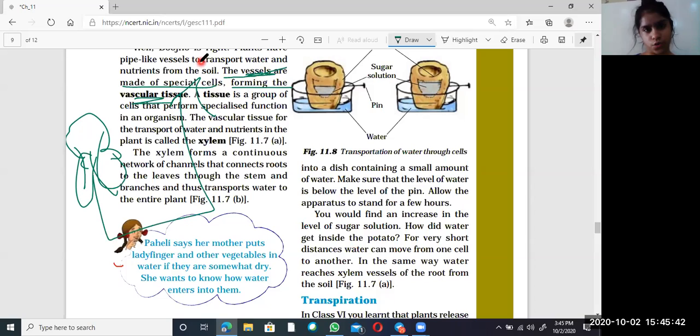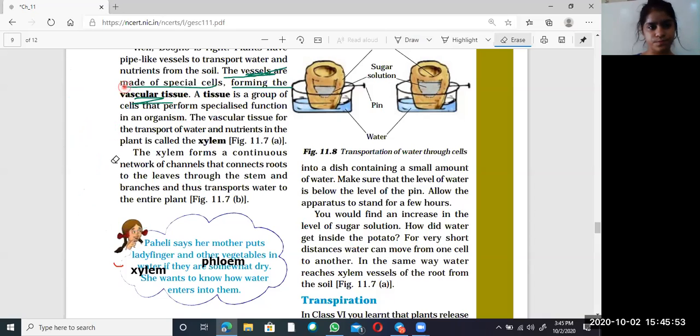That's my vascular tissue. Right? This is your vascular tissue. And you all know your vascular tissue is divided into phloem and xylem.